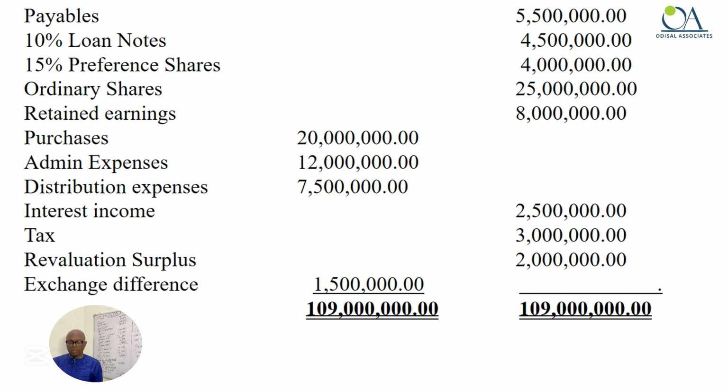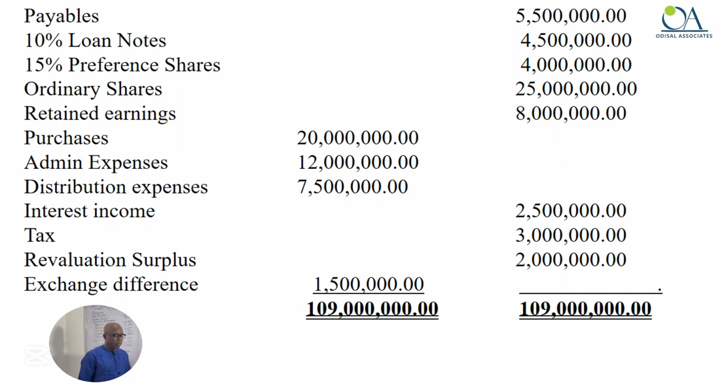All debits. Credit: payables 5.5, 10% loan notes 4.5, 15% preference shares 4 million, ordinary shares 25 million, retained earnings 8 million.